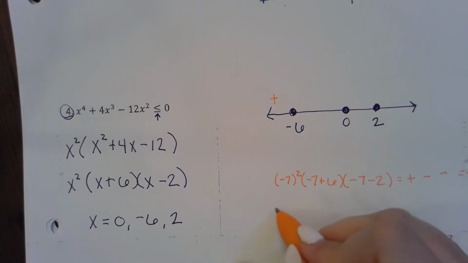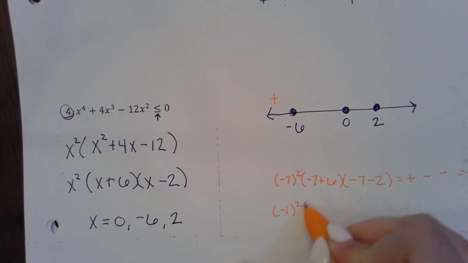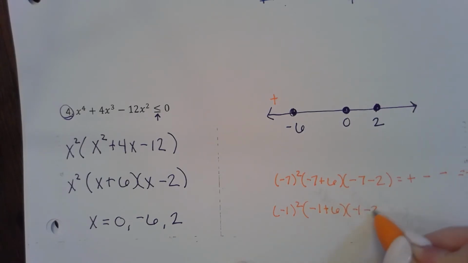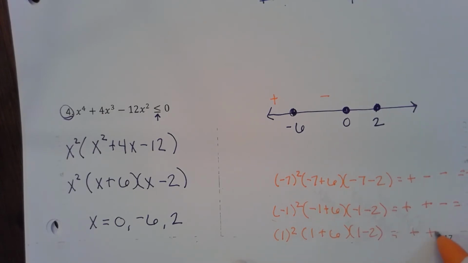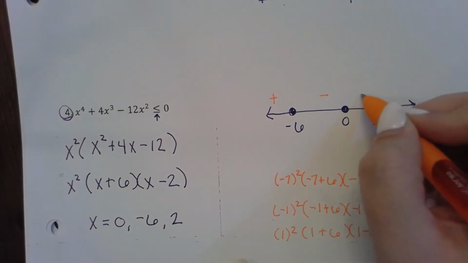Plug in a number here, we could do -1. We're still going to get a positive here. Anything squared is positive. Positive, negative will give us a negative. We could plug in +1. Positive, positive, negative, we get another negative.